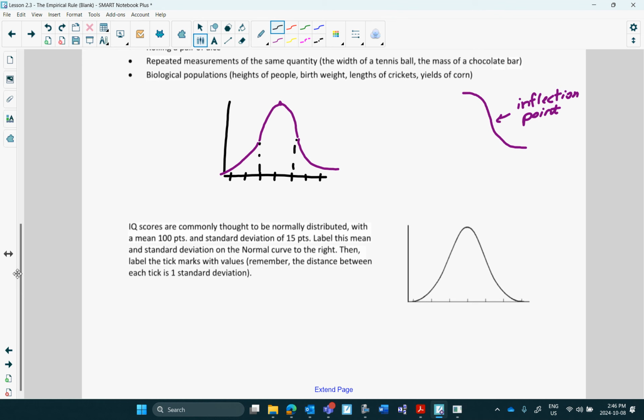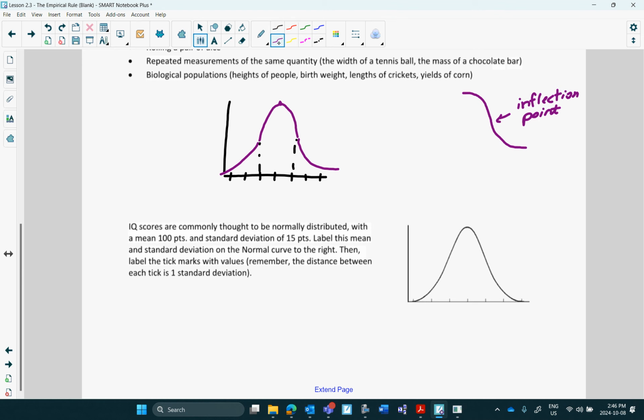Okay, so as an example, we've got IQ scores. How do we label? Well, I told you where to label the mean and how to label the standard deviations. So IQ scores are commonly thought to be normally distributed with a mean of 100 points and a standard deviation of 15 points. We want to label this on this normal distribution.